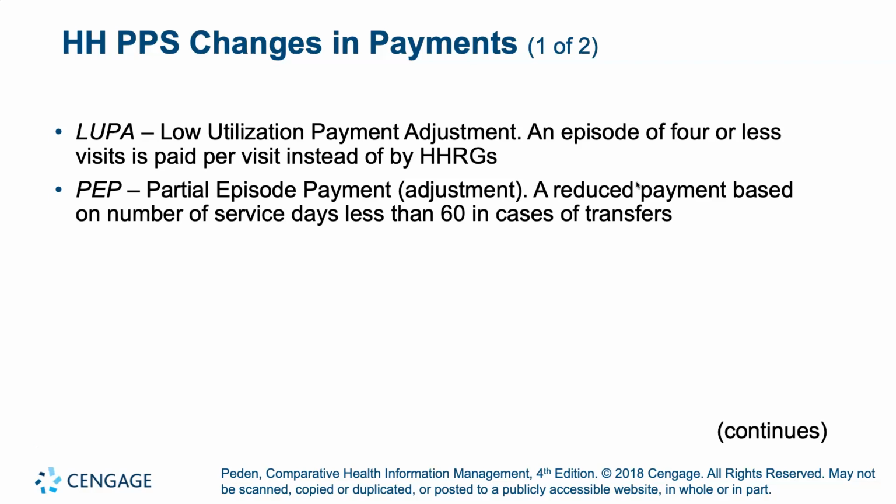You can also end up with a partial episode payment, which is another type of adjustment. I don't know why they don't call it PEPA instead of PEP, but anyway, it's a reduced payment. It's based on the number of service days less than 60 in cases of transfer. So let's say that the patient somehow is transferred.